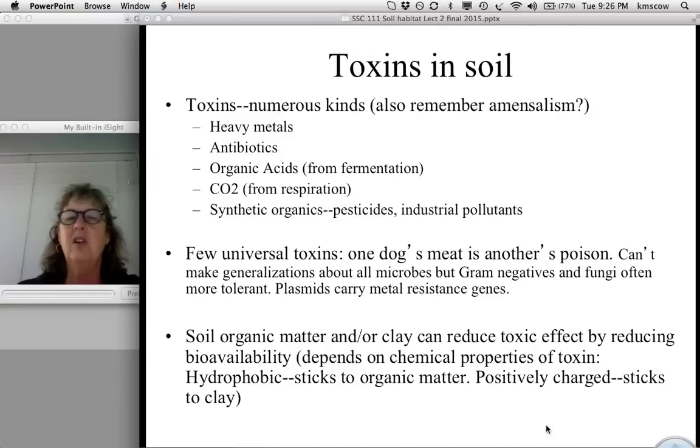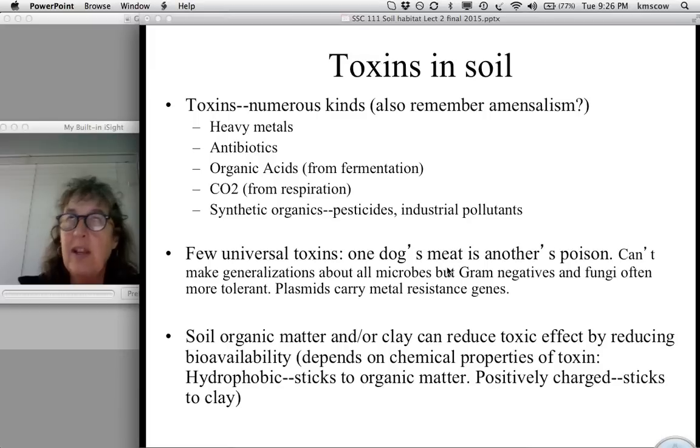Toxins. So there are numerous kinds of things that might be toxic in soil, and I think this is important down here. I don't know if this expression makes sense, and I always get these expressions wrong, but one dog's meat is another dog's poison. I don't think that's how it goes. But anyway, you can't really make generalizations about all microbes, because what could be toxic to one group of organisms isn't impacting another group.